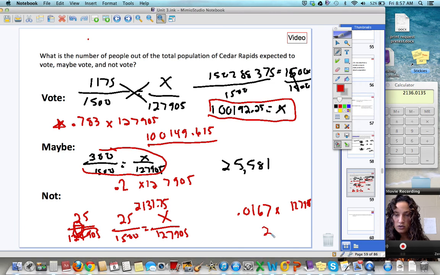This one's going to give me 2136.0135. All right. So depending on what you're going to do, either show me the proportion or show me that you already took the proportion, divided it, and you're multiplying now by a decimal. So you can either just multiply this and then divide by that, or multiply this already divided times the total.